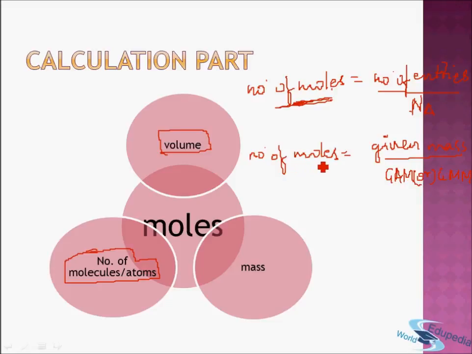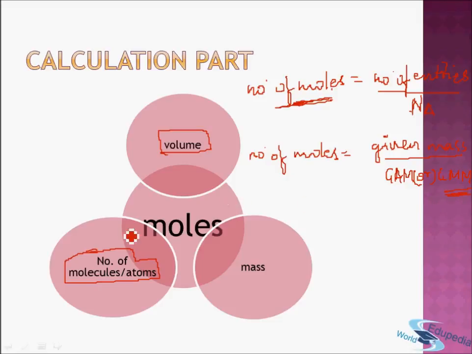If you are talking about moles of atoms, then we use gram atomic mass. If you are talking about moles of molecules, then we use gram molecular mass. Most of the time we'll be talking about moles of molecules, so we'll be using gram molecular mass.